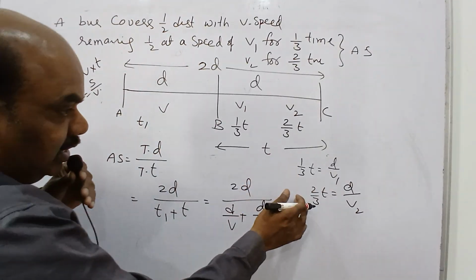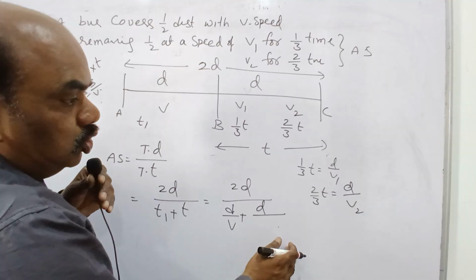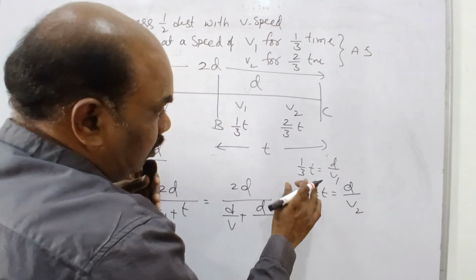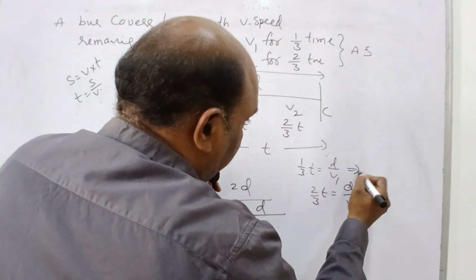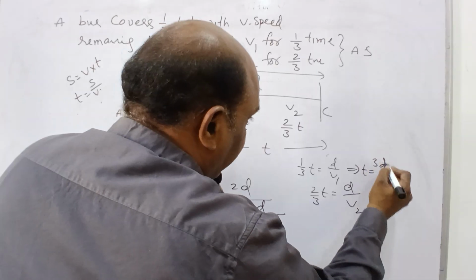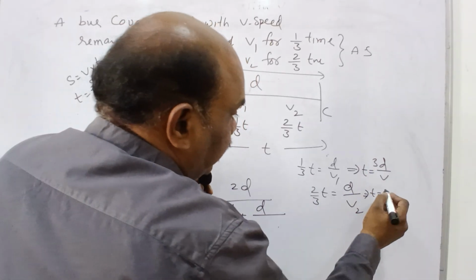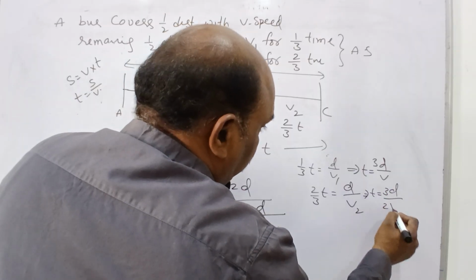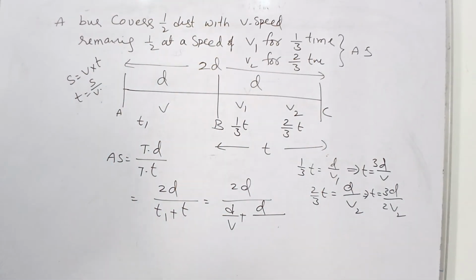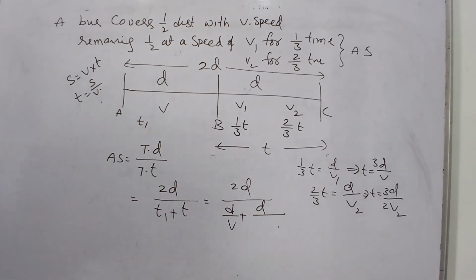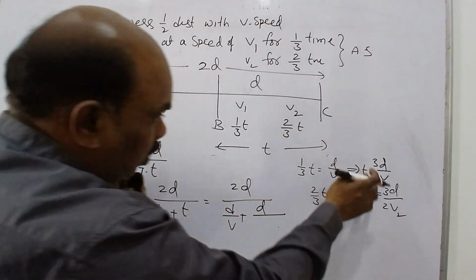Now if you add these two, this side also you should add. Correct. Time is equal to, directly you can write it as t is equal to 3d by v1, and t is equal to 3d by 2 v2. Now these are the times. You will get the total time. If you add these two, what will happen? 2t, you will get 2t.